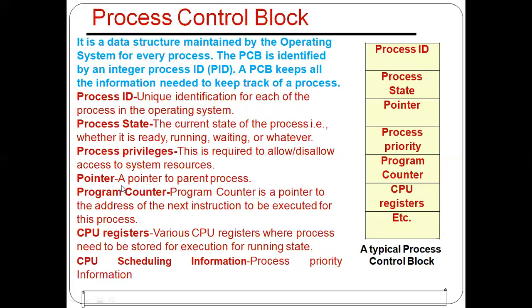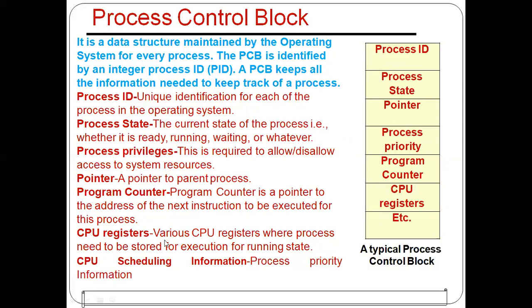Now a pointer to the parent process, and program counter. What is next? Program counter. Program counter is a pointer to the address of the next instruction to be executed for this process.